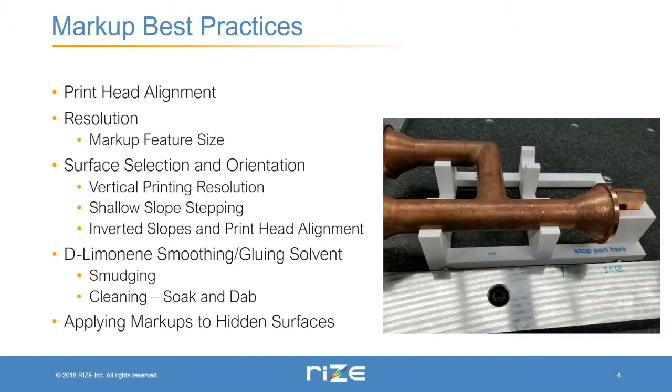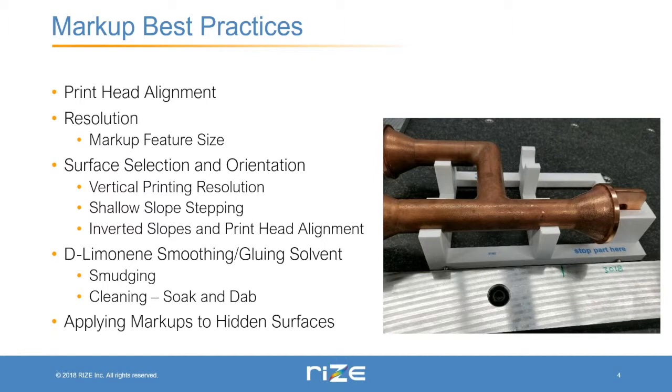Certainly legible on top surfaces, which produce the clearest text and images, and it's also still legible on side and bottom surfaces. And it's even possible to go even smaller than that, but there is a limit to how fine of a resolution you can get. And that's just one thing that you'll have to pay attention to make sure that the markups that you produce are able to be read and used.